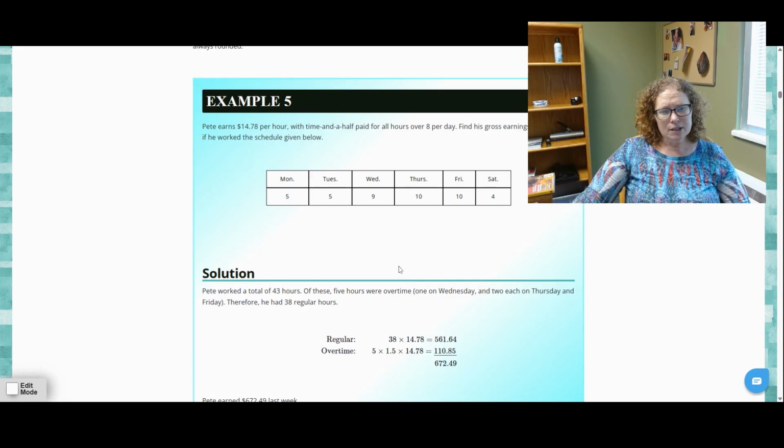So we look at this and we say, okay, we would figure out how many hours are over 8 in a day, and we have 3. So we know that's 1 here, 1 on Wednesday, 2 on Thursday, and 2 on Friday. So that's 5, right? And then the rest of them added up would be 38.